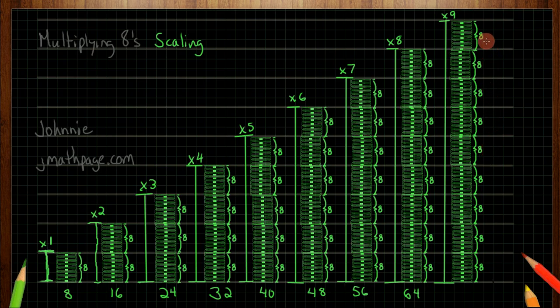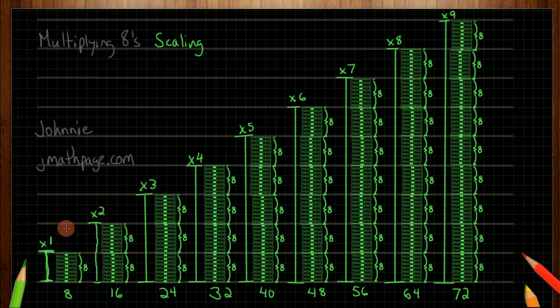Let's count them. 8, 16, 24, 32, 40, 48, 56, 64, 64 and 8 more boxes. That gives us 72 altogether. So 9 stacks of 8 boxes gives us 72 altogether, which is 9 times as many as our first stack of just 8. So we can see how it's been growing, growing, growing across the way here.